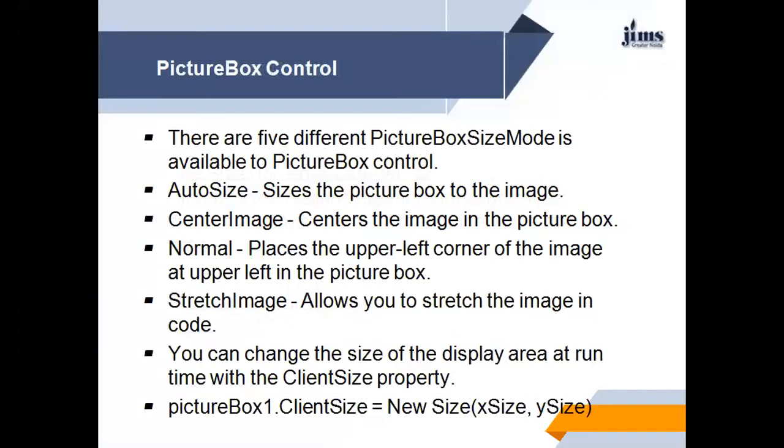AutoSize: you can choose AutoSize, which sizes the picture box to the image, so it will automatically adjust the size. CenterImage: centers the image in the picture box, so it will display the image in the center. Normal: places the upper left corner of the image at the upper left in the picture box. StretchImage allows you to stretch the image.